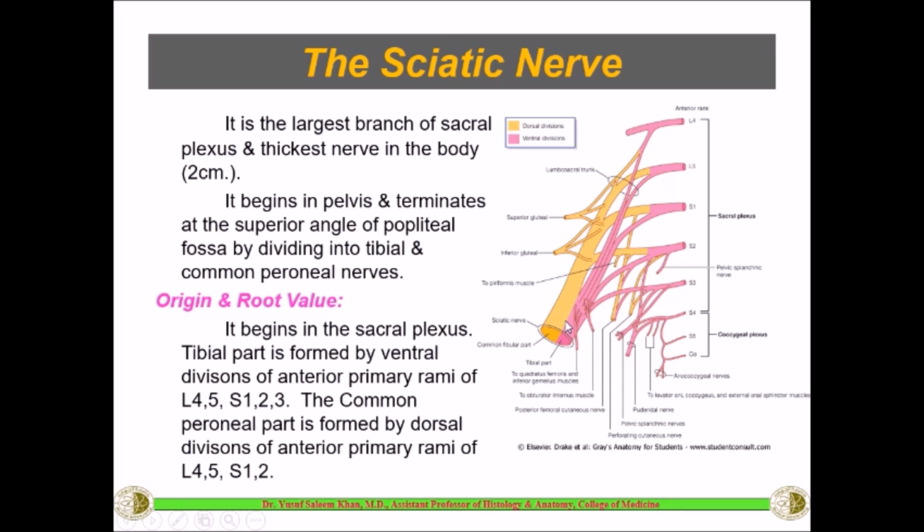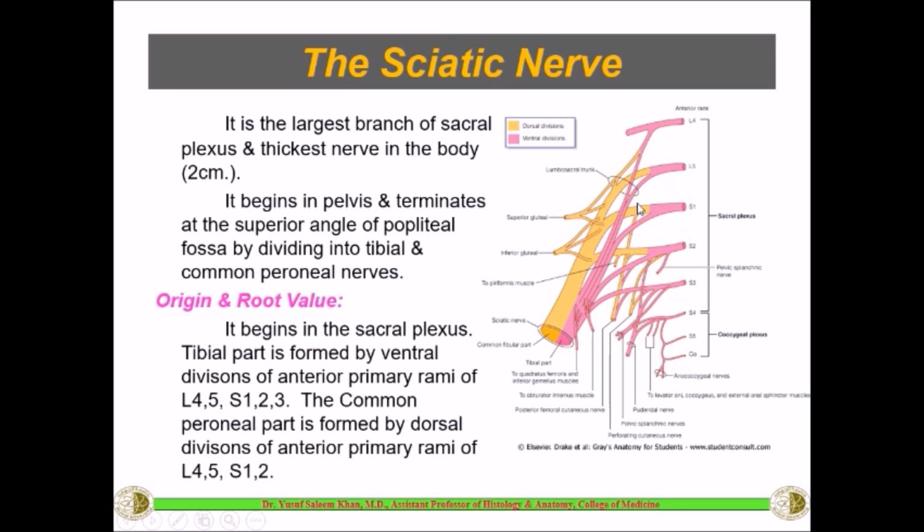The origin and root value of this nerve is, as you know, it begins in the sacral plexus, and the tibial part is formed by the ventral division of the anterior primary rami of L4, L5, S1, S2 and S3. So this is the whole sciatic nerve. This is the tibial part, and this yellowish part is the common fibular or peroneal part.